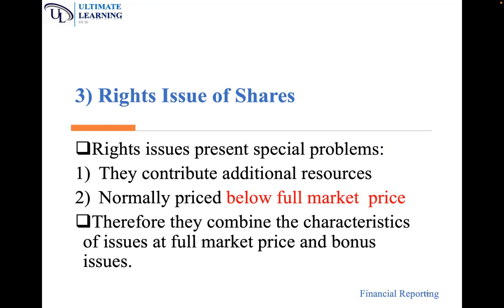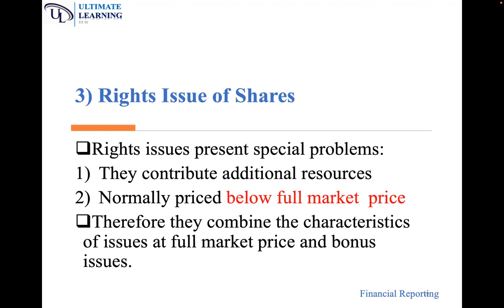Remember, we said there are 3 factors that affect basic EPS. Number 1, issue of new shares at full market price. Number 2, bonus issue of shares. And now we are in number 3, rights issue of shares. A rights issue presents special problems.